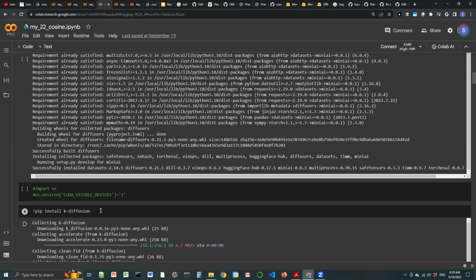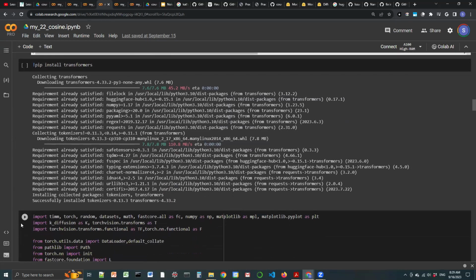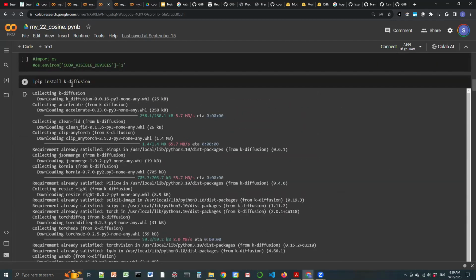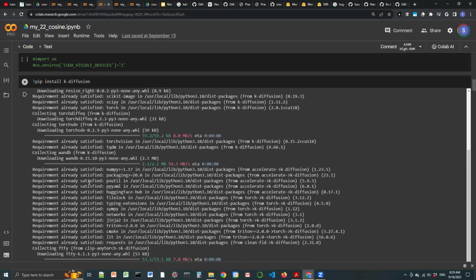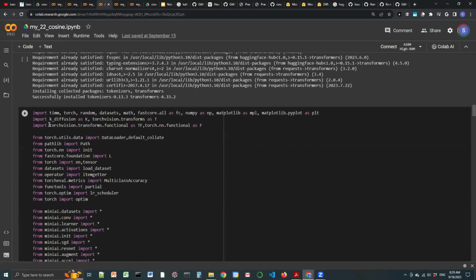So you have to install K-diffusion, but the actual utilization of K-diffusion is K_diffusion as K. I was originally importing K-diffusion, and it kept giving me an error until I figured out why. So another thing to keep in mind, little slip-ups that you need to watch for.